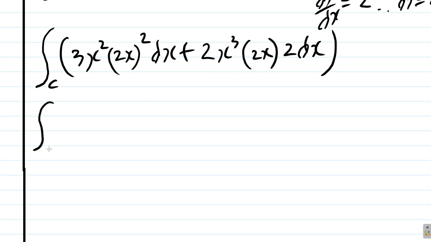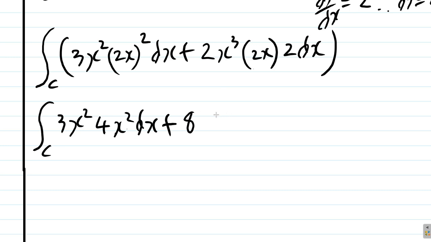So you integrate along the curve of, simplify these things now, 3x squared, 2 squared is 4, x squared dx plus, I have 2 by 2 by 2, is 2 2's 4, 4 2's 8, x cubed by x to the 4th dx.